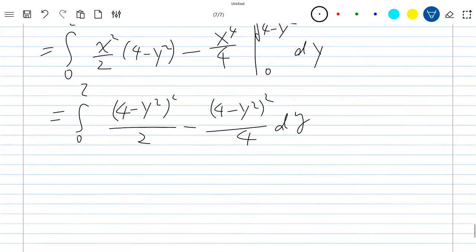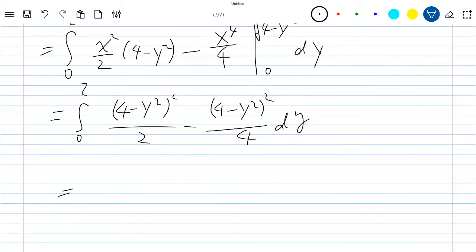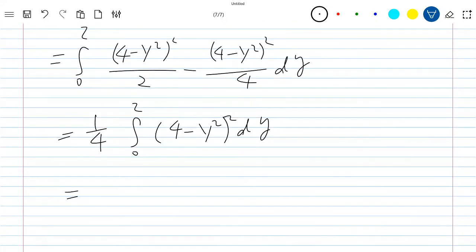Alright, so you cancel that, you get 1/4 of the second thing, so you can factor out 1/4. And 4 minus y squared, squared. Alright, so you can finish it actually. So then you get 1/4. Let's see what you get.